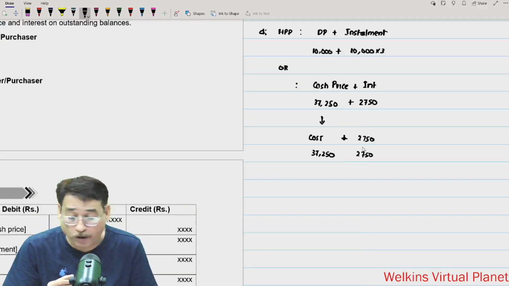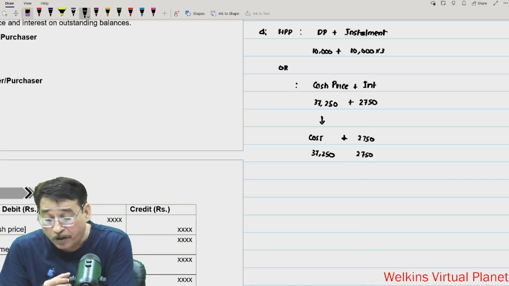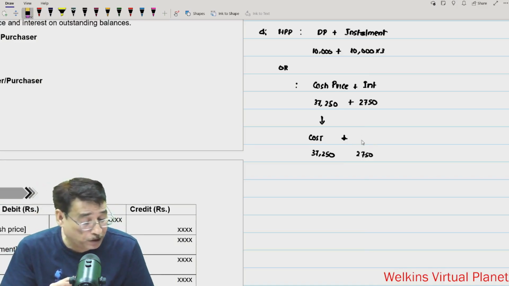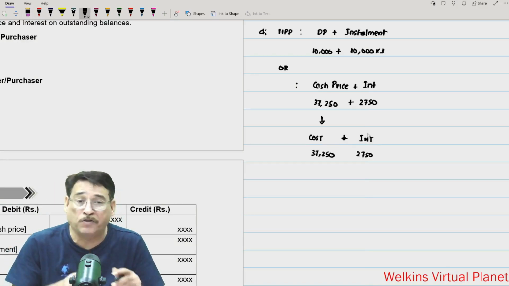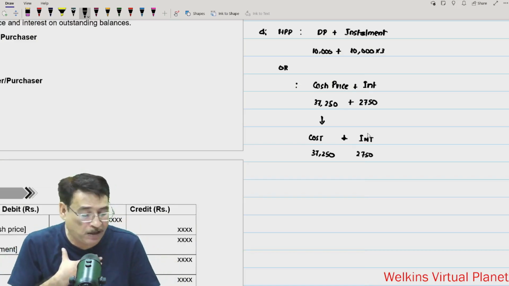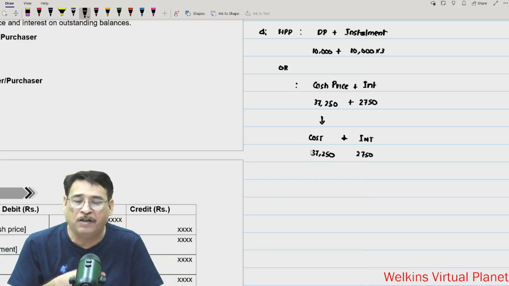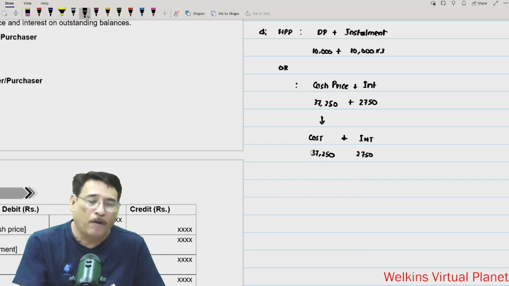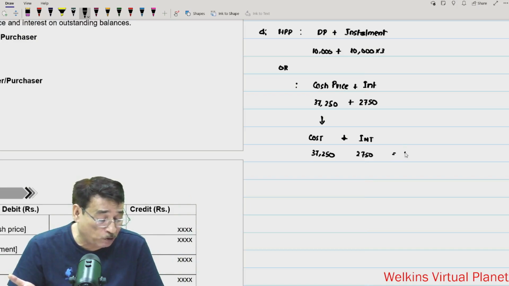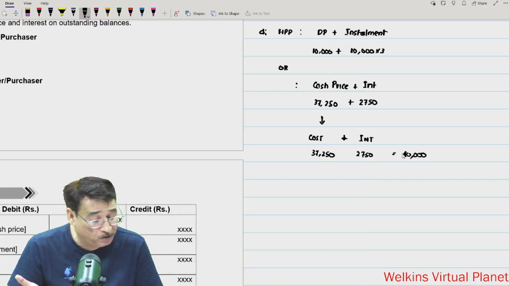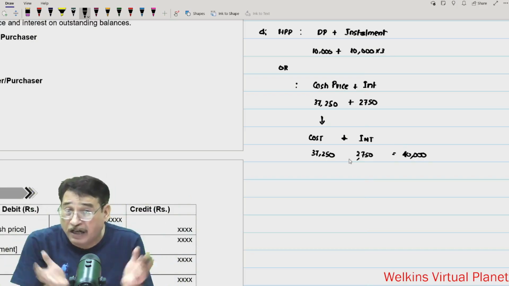It is very important for you to gain complete command of this item. So cost plus interest, from the perspective of the purchaser, will tell him that I have acquired an asset costing 37,250, however I am going to pay 40,000. Why? Because I will have to pay 2750 as interest. This is how the purchaser will analyze the thing.